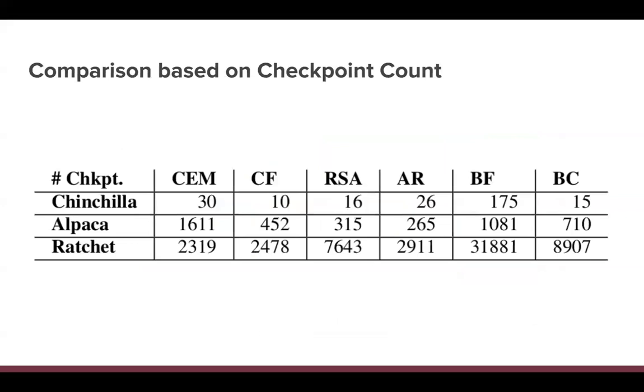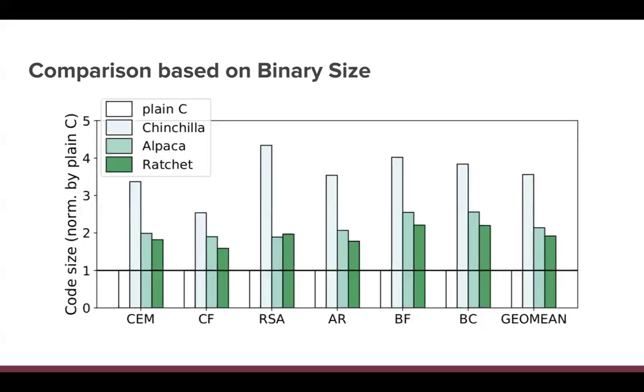Now, Chinchilla's dynamic checkpointing solution does have a big effect on the number of checkpoints it does, as we see that the number of checkpoints that Chinchilla performs compared to Alpaca and Ratchet is orders of magnitude less. Finally, the binary size, however, for Chinchilla is much larger than both Alpaca and Ratchet, and this is down to the constant size undo log that Chinchilla implements.